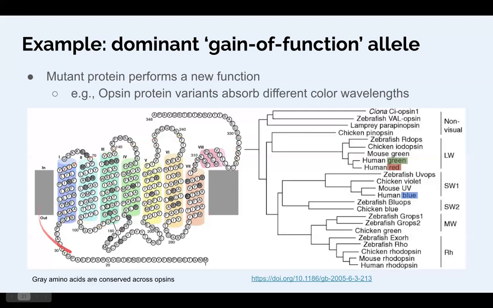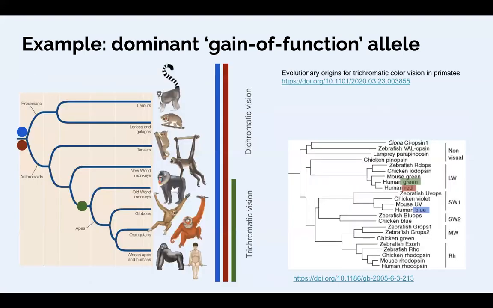So this is kind of a schematic of an opsin protein, and there are several kinds of that. So we have these 3 color receptors. They're all related proteins as a result of copying. Here's a phylogeny if you wanted one. So humans and our ape relatives, as well as old world monkeys, are primates that have that 3-color vision.